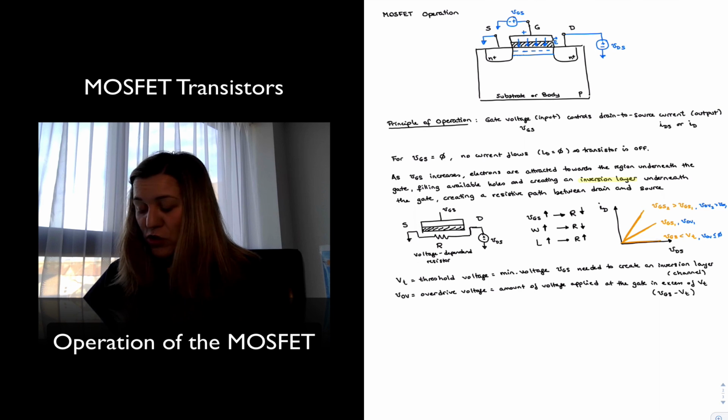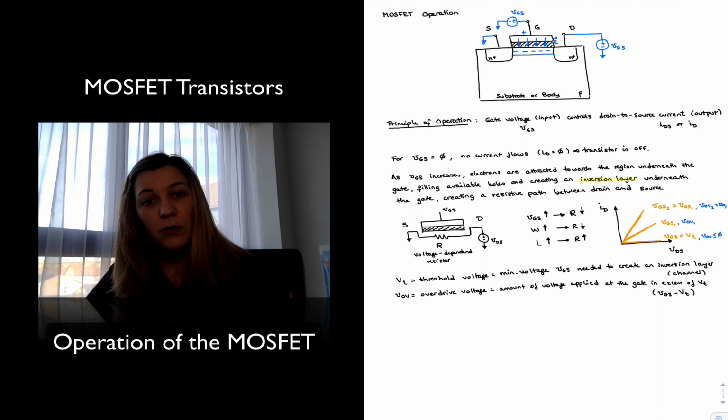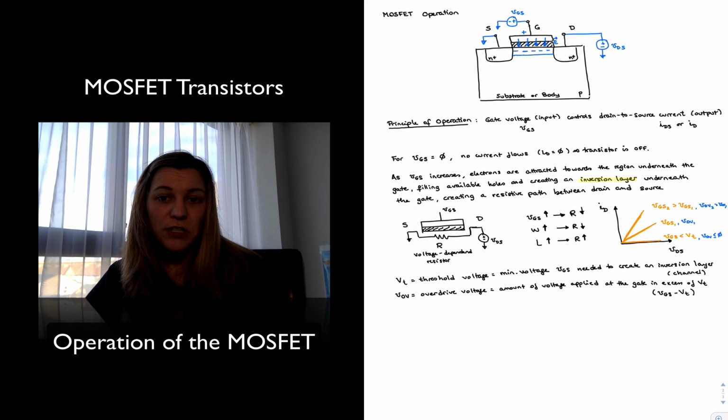Something that is worth mentioning is that this type of operation applies to enhancement type MOSFETs. Enhancement type MOSFETs have a positive threshold voltage when we're talking about an NMOS or N-channel MOS transistor. They have a positive threshold voltage that is non-zero, meaning you need to apply some positive voltage at the gate in order to create that inversion layer.